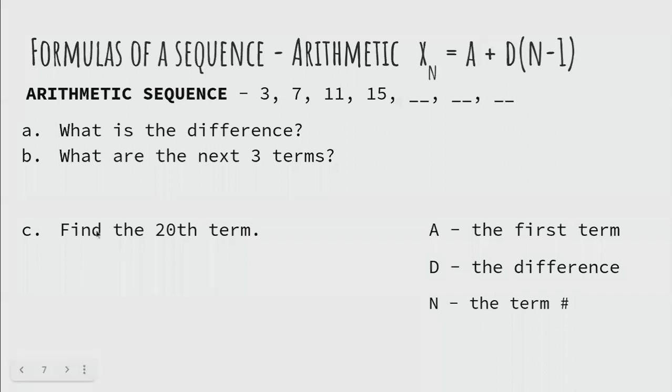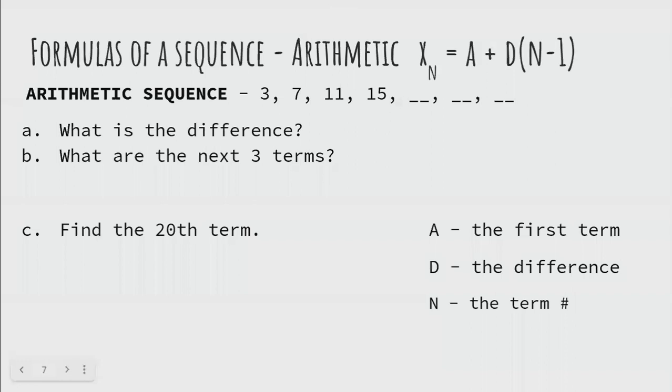But it is asking us to find the 20th term. So now, do you sit and find the 8th term, 9th term, 10th term, find 13 more terms until you get to the 20th? Or we had this nice little formula up here, and we can use this formula to help us find the 20th term.